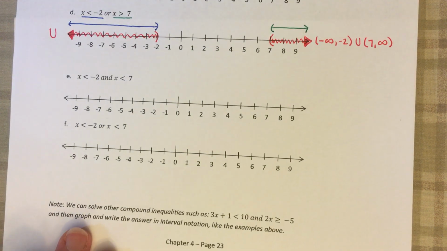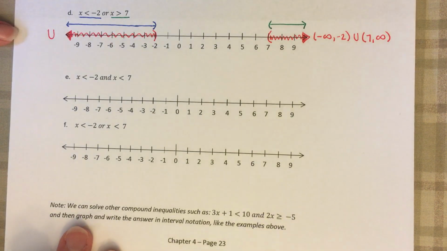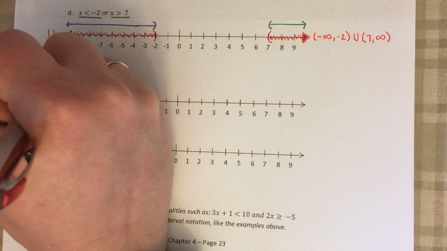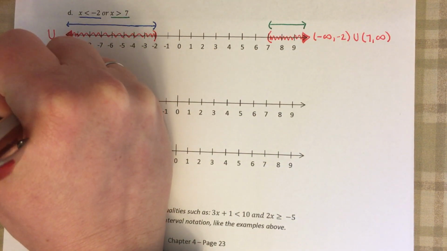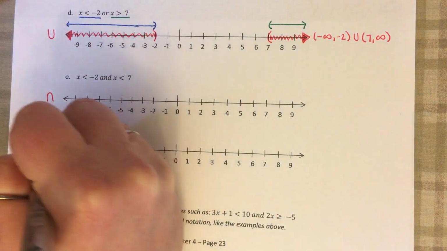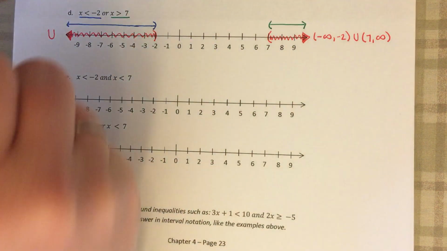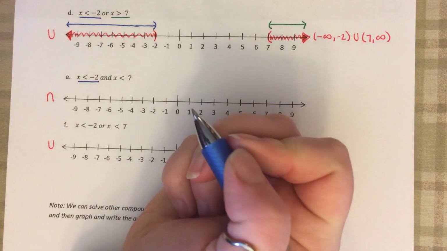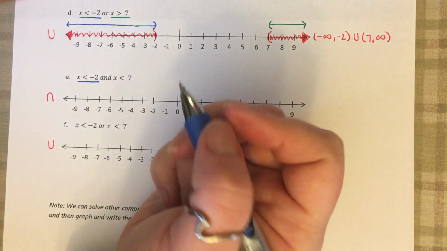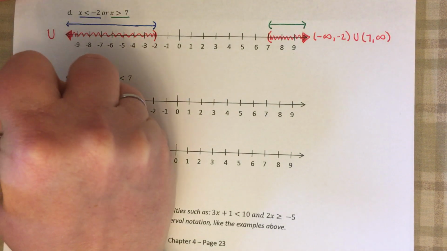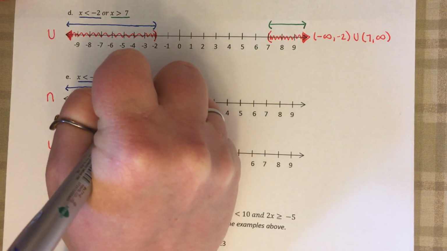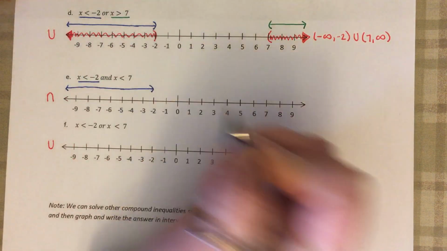E and F, we're going to do the same thing. We're going to compare two of the same inequalities. Again, we're thinking about the difference between and or. So intersection is the word and, and union is the word or. So x is less than -2 means we're going to start at -2 and we go to the left.